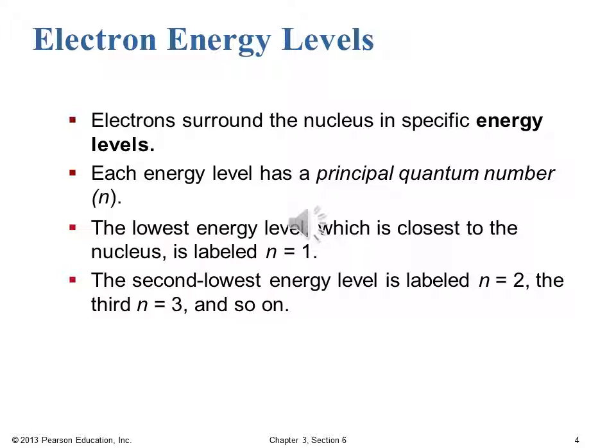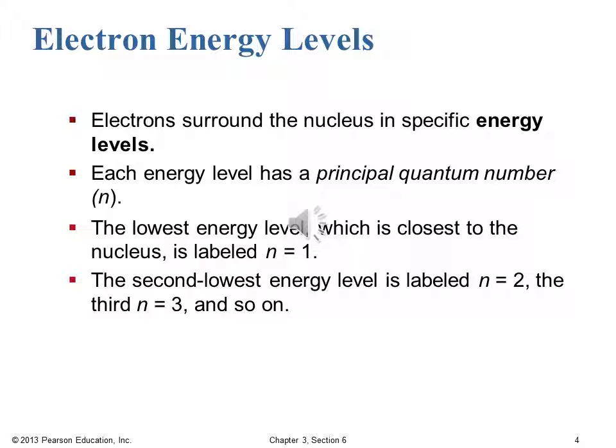So electrons surround the nucleus in specific energy levels, and each energy level has what's known as a principal quantum number. If we're looking at the periods on our periodic table, those correspond with principal quantum numbers. So hydrogen and helium have electrons occupying that first principal quantum number in the ground state. They're the closest to the nucleus, the lowest in energy.